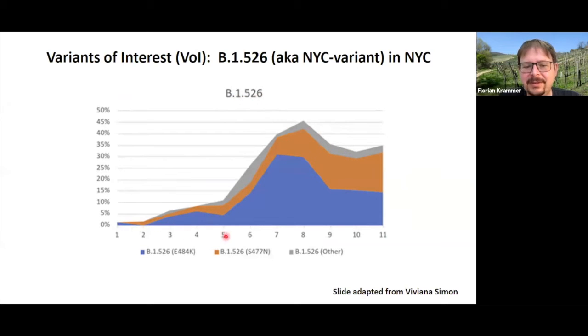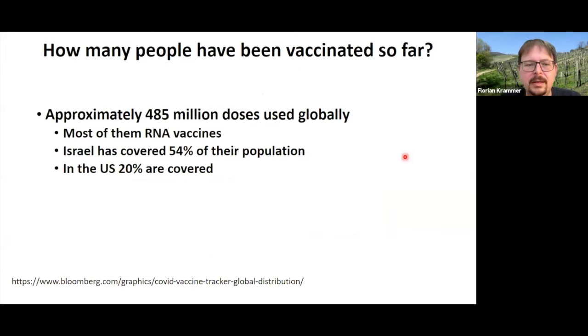And these are calendar weeks here on the x-axis. It started to increase in frequency, and that's why people started to look at it. But then it kind of levels off now. So it doesn't seem to have a big advantage, and it doesn't seem like it's exponentially spreading right now. And we also don't think that this is going to be a problem for vaccines at all.